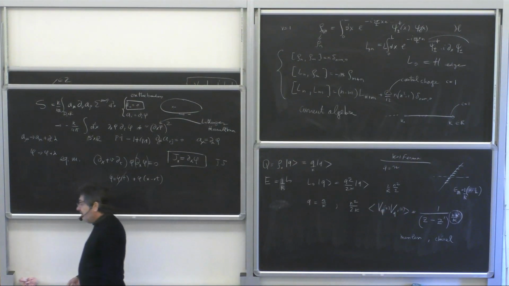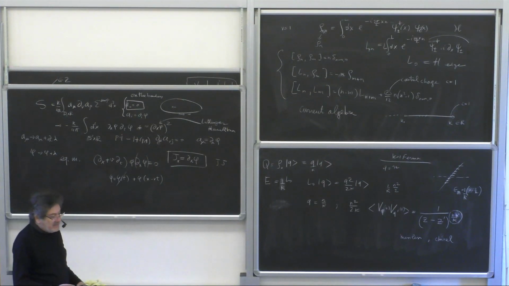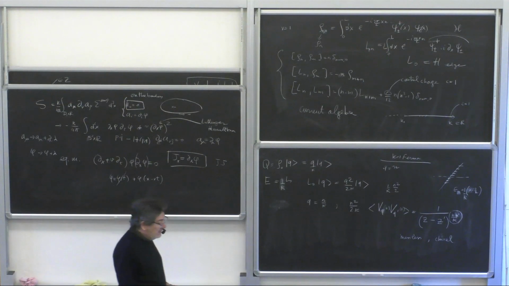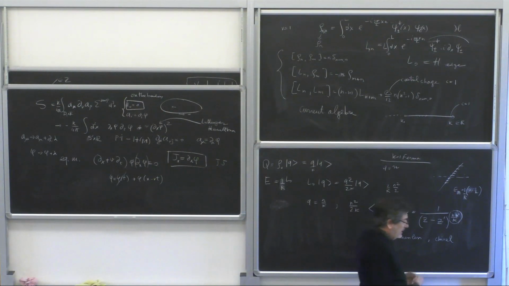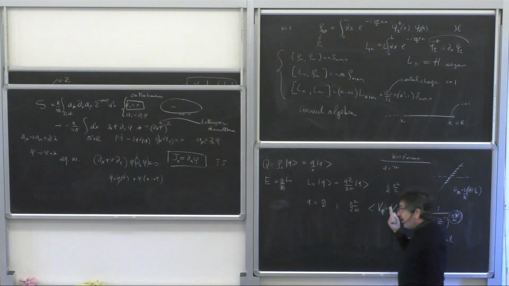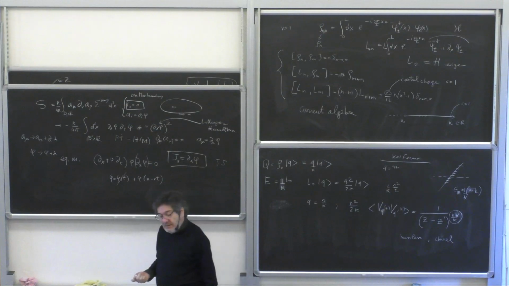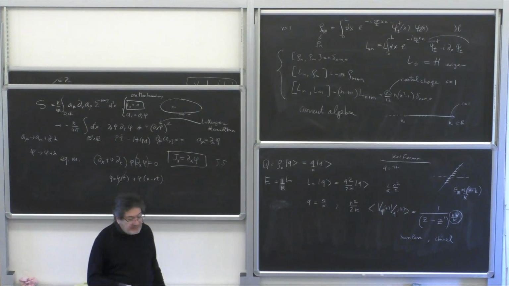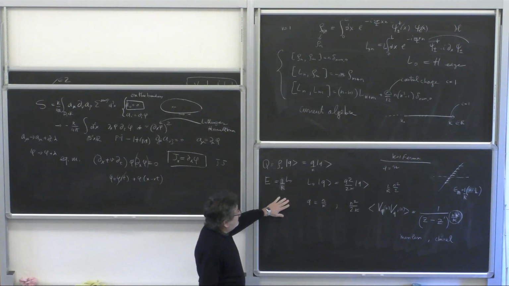So that's the advantage of 1 plus 1 dimension, so-called bosonization, that you can represent a fermion in terms of a boson. Sometimes the bosonic description, as in this case, is more powerful because it can also describe interacting fermions.